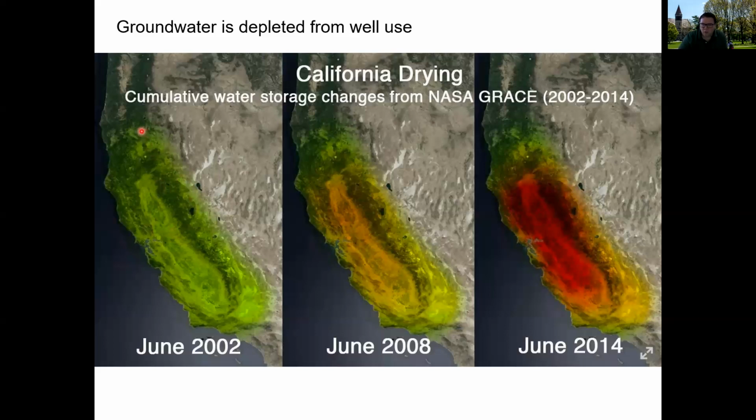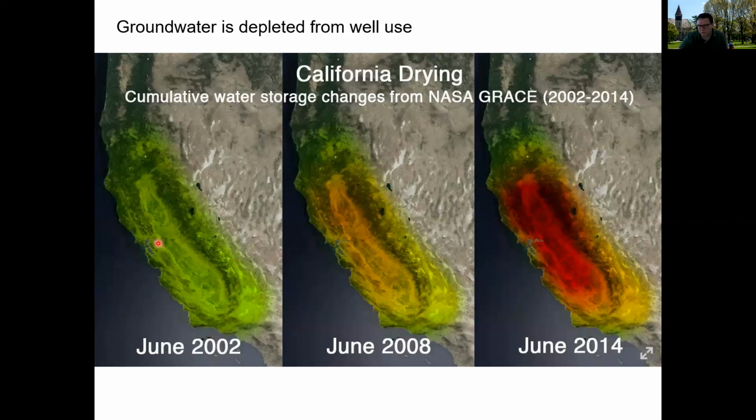But as a result of the cumulative change of pumping water in times of drought within areas of the Central Valley, you actually saw the groundwater was being depleted quite dramatically. This is the GRACE satellite.